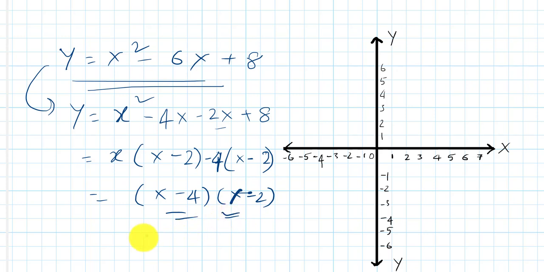Okay, so I will be getting x is equal to 4 and x is equal to 2. These will be the two values that I will be getting. So x is equal to 4 is this one, and x is equal to 2 is this one.